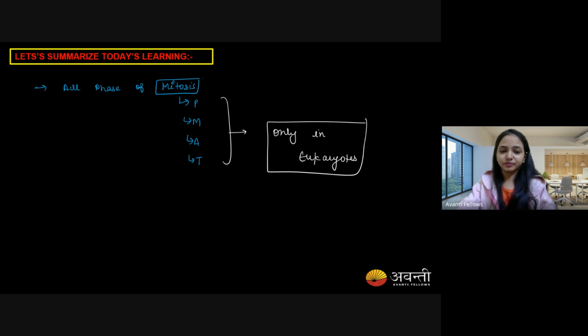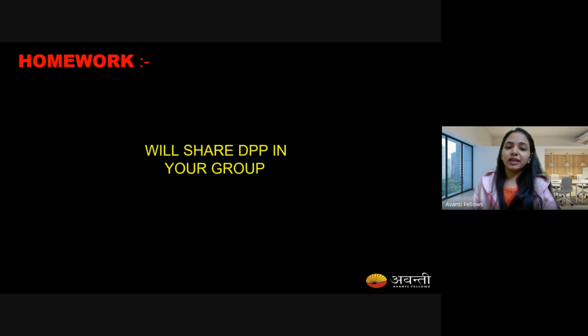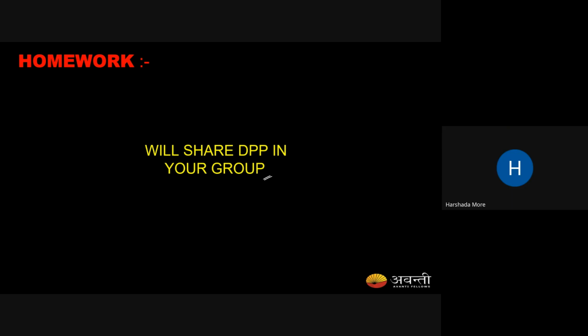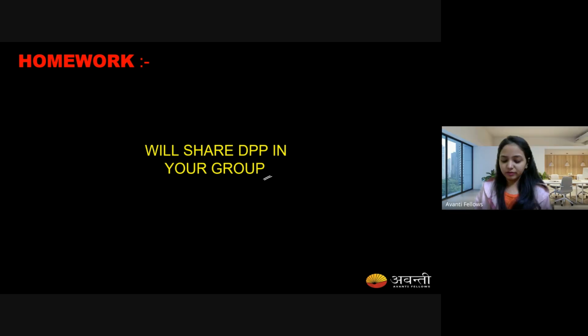Okay then. Now homework time. I will share the DPP in your group, as I have already shared the MTG book with you. Did you find it in your group? Yes, ma'am. I have shared a drive link with all of you.